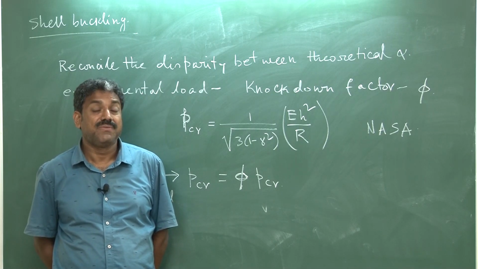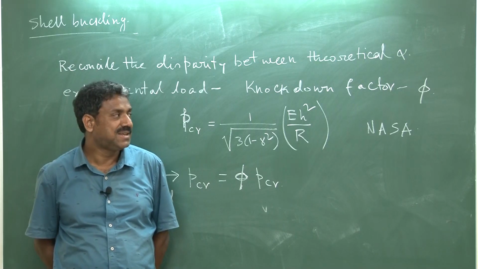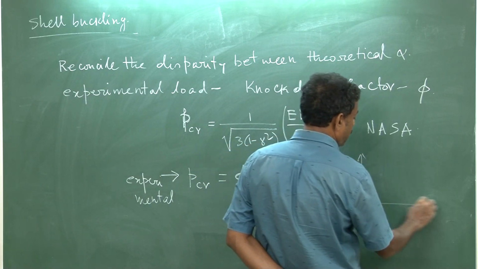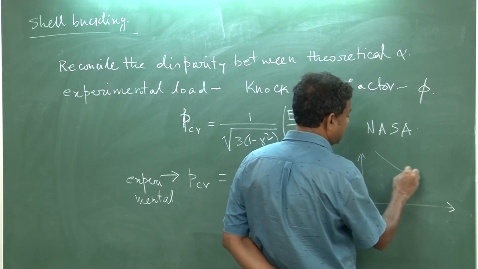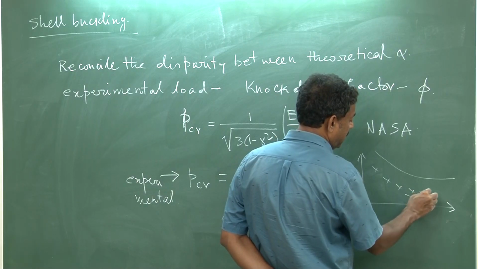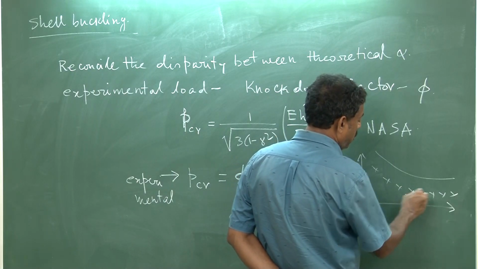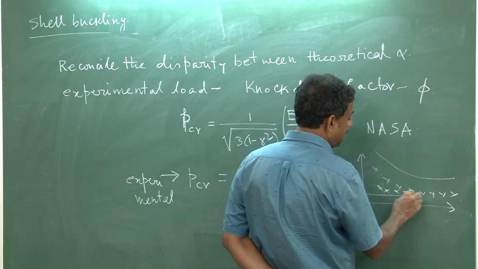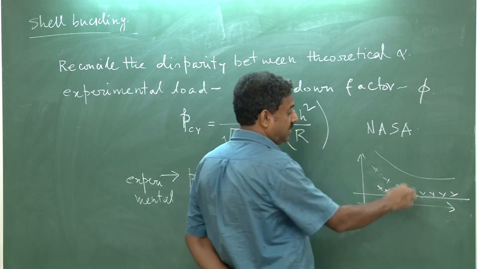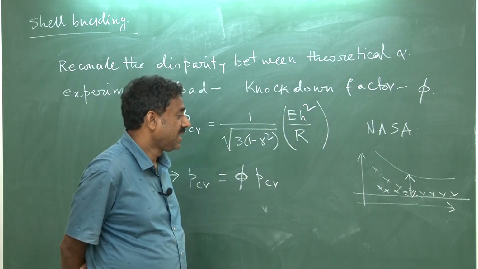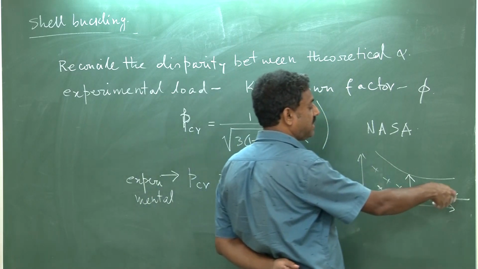If you do lots of experiments and plot, your theoretical results are here and the experimental ones are somehow here. So, they took essentially a lower bound of the experiments, and there was significant scatter among the data.